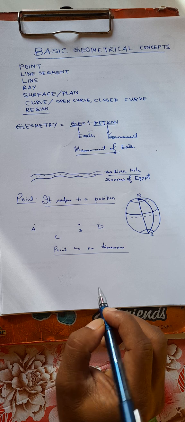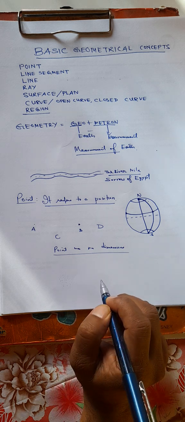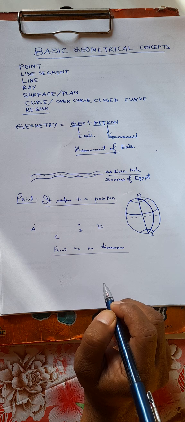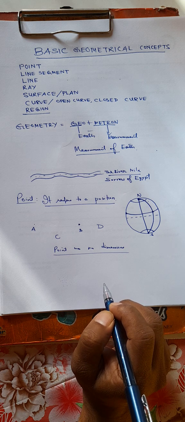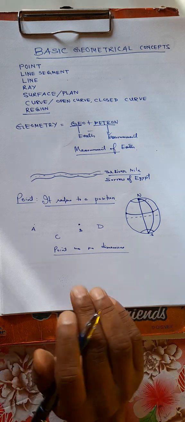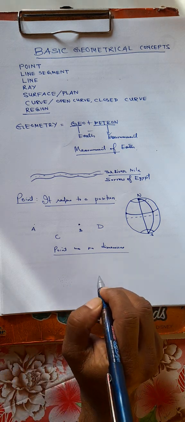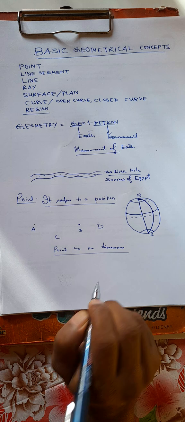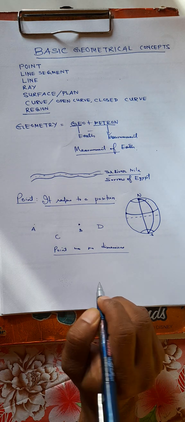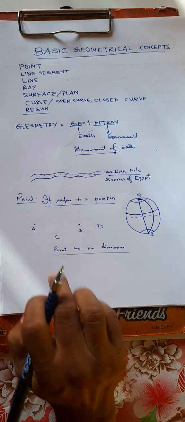Now if you make too many points on the surface of a round object, say for example, on the surface of a football, then what you will get? You will get a curved surface. Here it is a plain surface, a white paper.